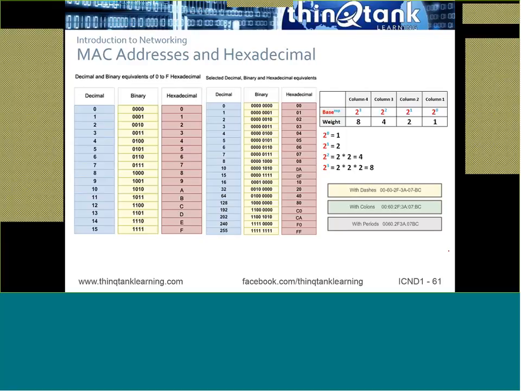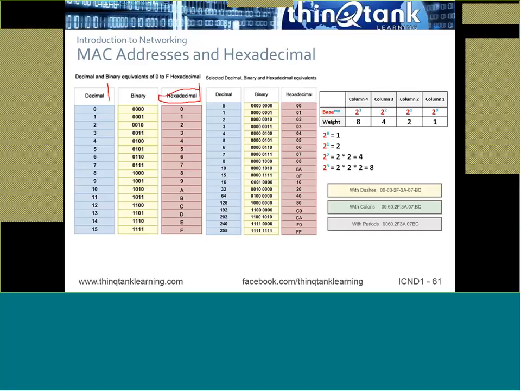Now that has a foundation in mathematics. Hexadecimal is a base 16 system. You can see the decimal equivalents in the first column here on the left, 0 through 15, represent every possible hexadecimal value. All right, 0 through 9, A through F. It's called hexadecimal because hexa is 16.